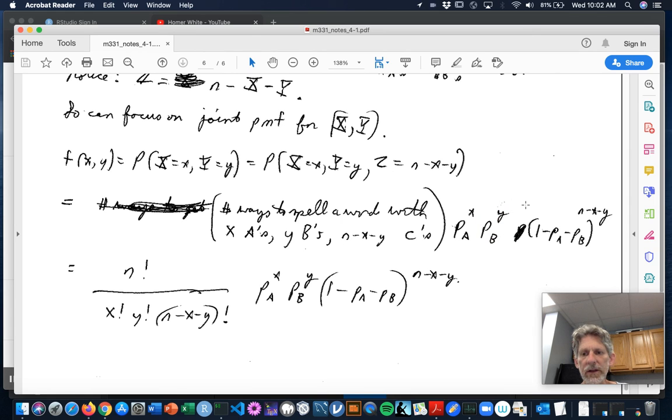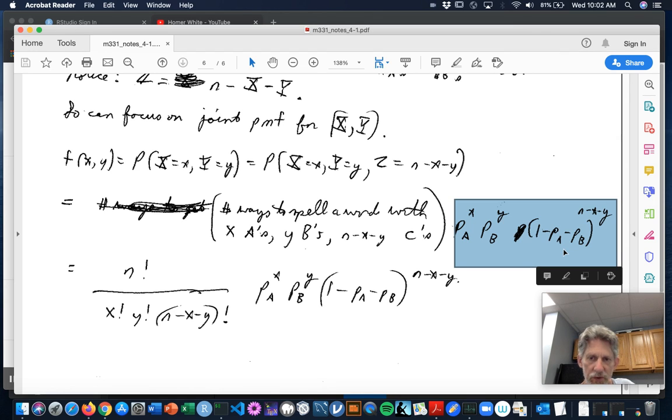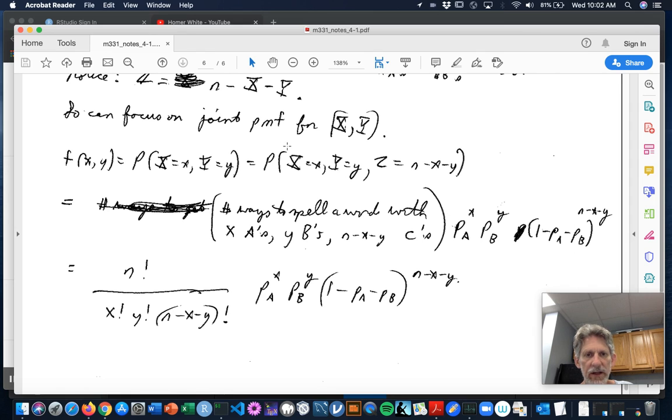And you'd have to get the C n minus x minus y times, and here's the chance of getting that many C's in a row. So the product of these three things is the chance of getting first all your x A's, then all your y B's, and then all your n minus x minus y C's. That would be one way to get this event to happen.